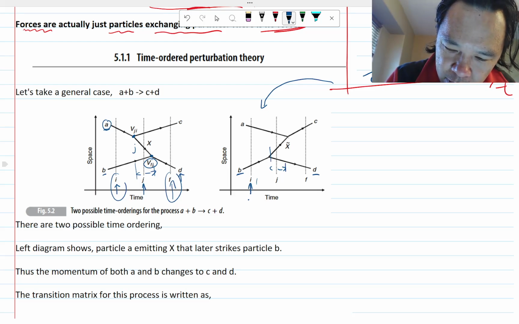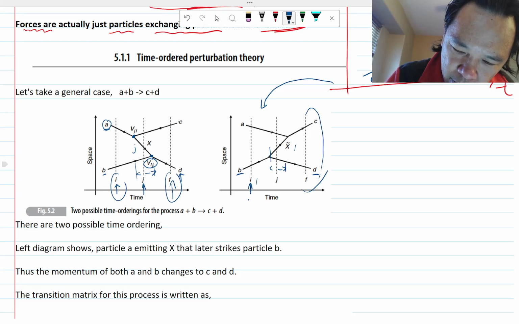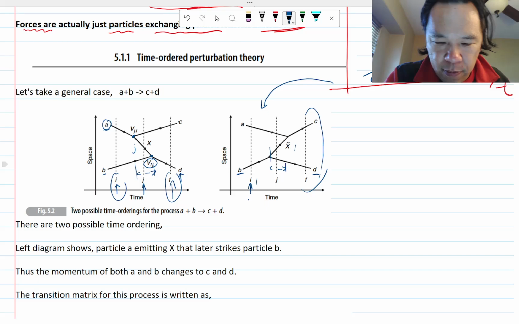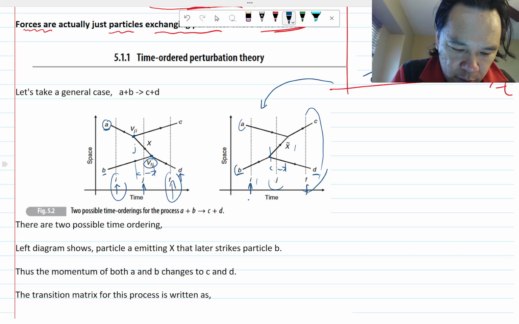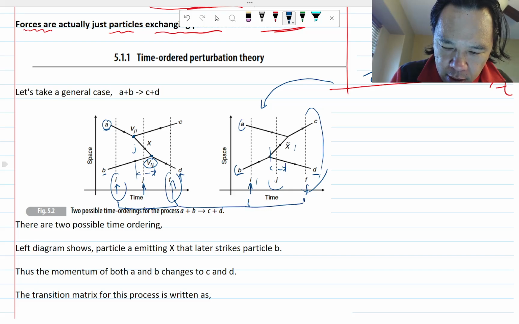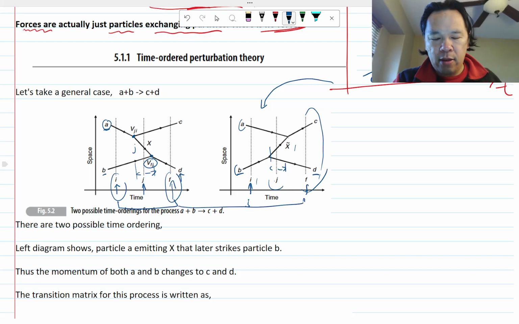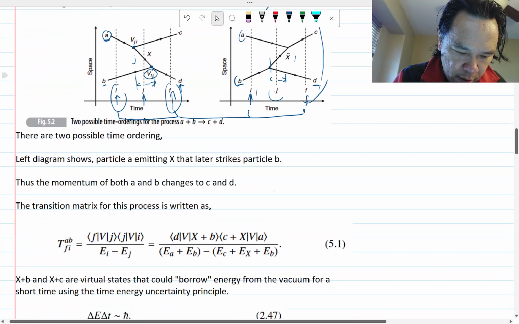But what we do see are these particles with new momentum coming out, C and D. So the initial and the final and this intermediate. What we really see in a laboratory is only the initial and the final state, and we don't see the intermediate.